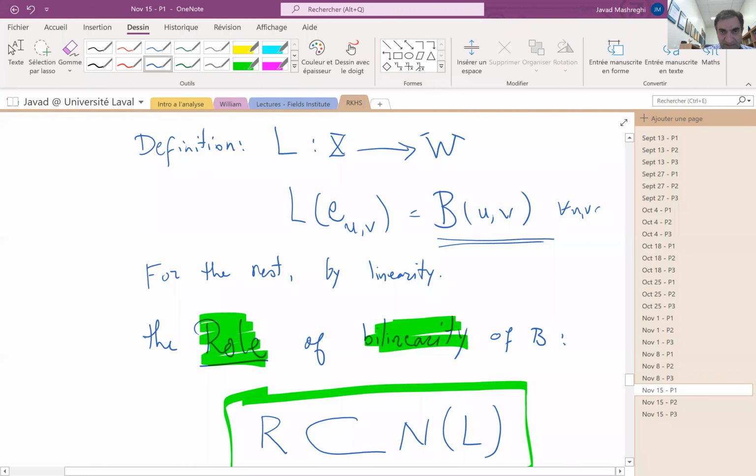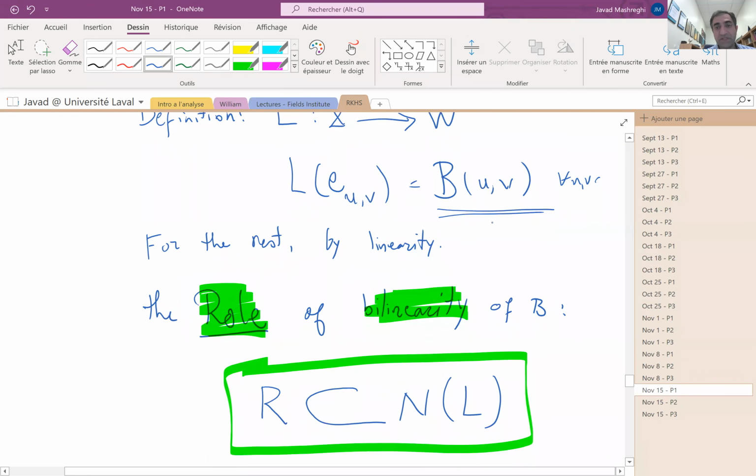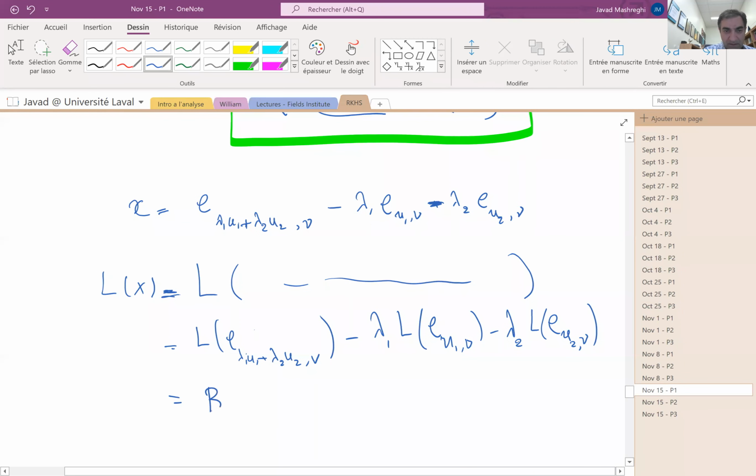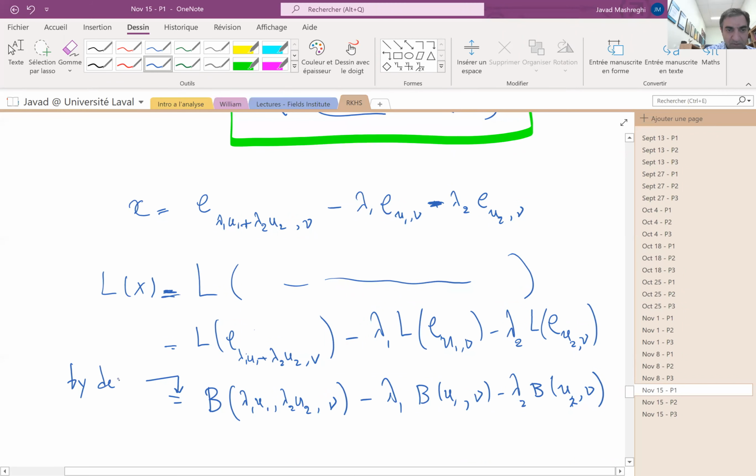L at this base element is defined as B at the point, first component and second component. The same for the other two. This is by definition. This is by linearity.